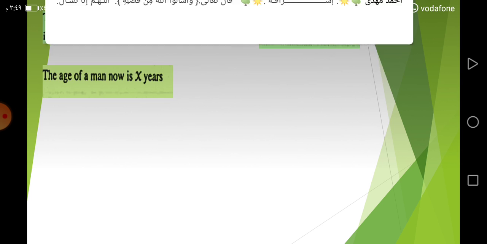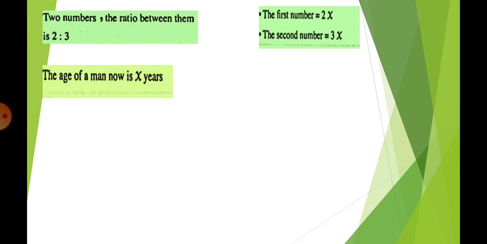If the age of a man now is x, then his age after 4 years is x plus 4, and his age 3 years ago is x minus 3. All of these are the keywords for translating from the word problem to equations.